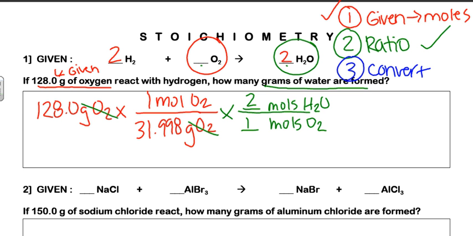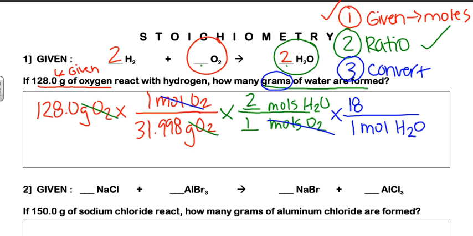And lastly, for step 3, I'm going to convert to the proper unit. Now the proper unit is grams because it's asking me for grams of water. If I was going to stop here, I would have moles of water. So I have to continue with one more step. And this comes from dimensional analysis. If I have 1 mole of H2O, then I have, let's see, 15.999, because that's my oxygen, plus 2 hydrogens, which are 1.008 grams each.